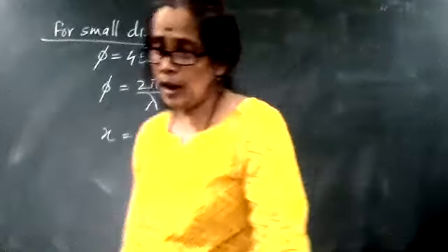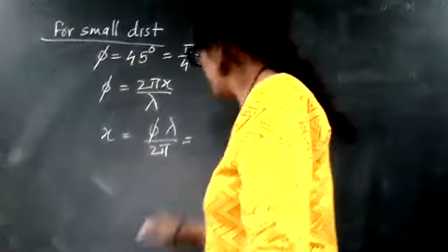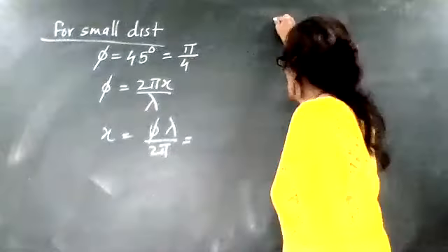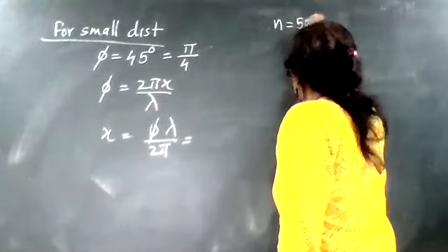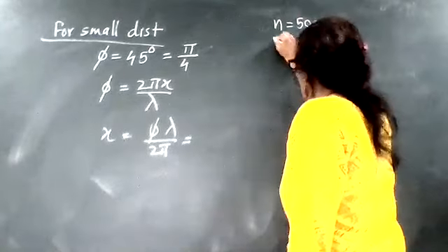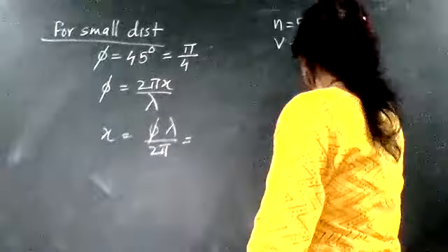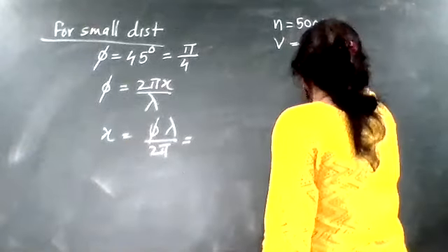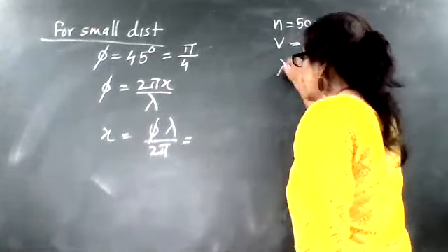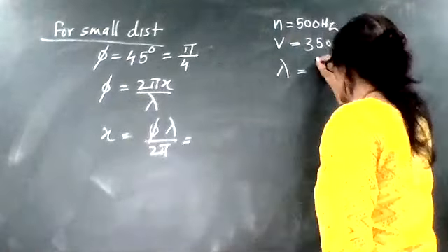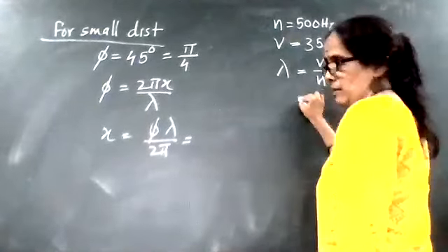Clear? Now lambda is not given in the problem, but in the problem you have given the frequency, 500 hertz, and also the speed. Speed is given as 350 meter per second. So from that we can find lambda. Lambda is equal to nothing but v by n.